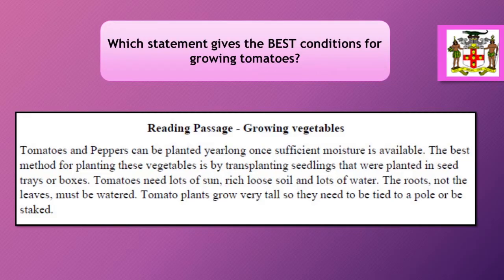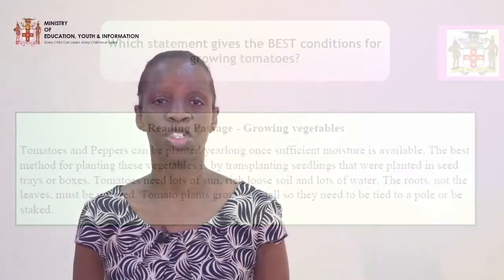We're also told the conditions that are needed. They are indicated here. Tomatoes need lots of sun, rich, loose soil, and lots of water. The roots, not the leaves, must be watered. And we're also told that tomato plants grow very tall, so they must be tied to a pole.